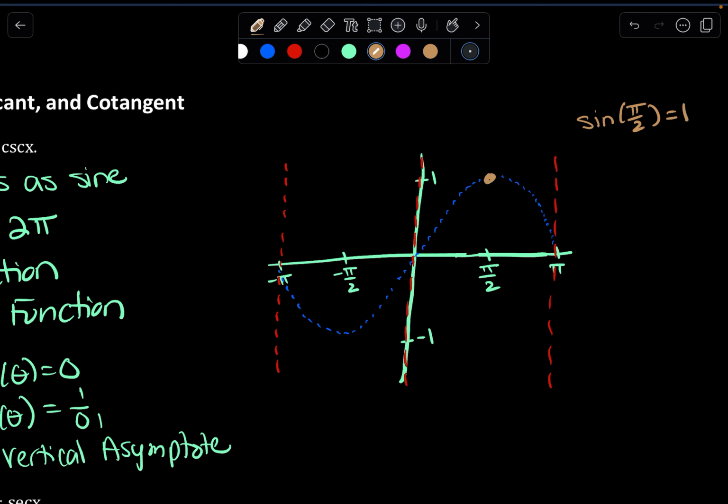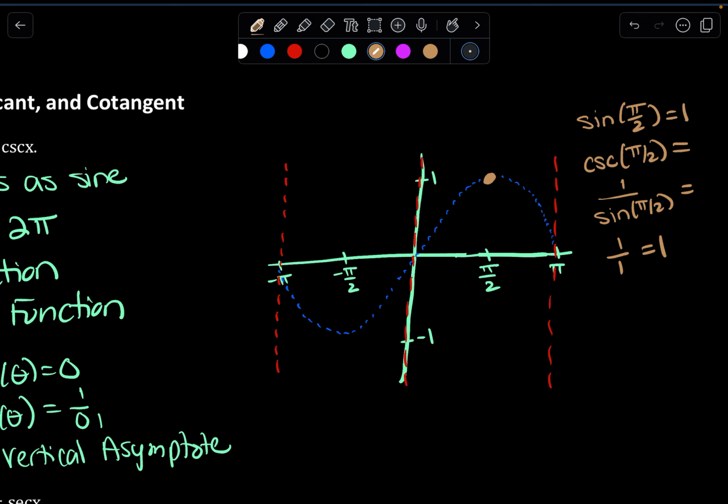Now let's solve for cosecant of pi over 2, which is 1 over sine of pi over 2, which equals 1 over 1, which results in the same output, 1. So cosecant and sine share an output at pi over 2. The input and the output are the same, so these are the same point on both graphs.